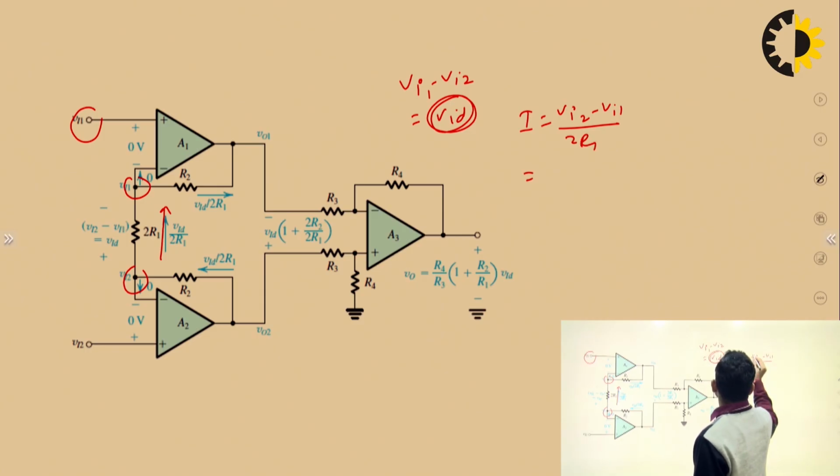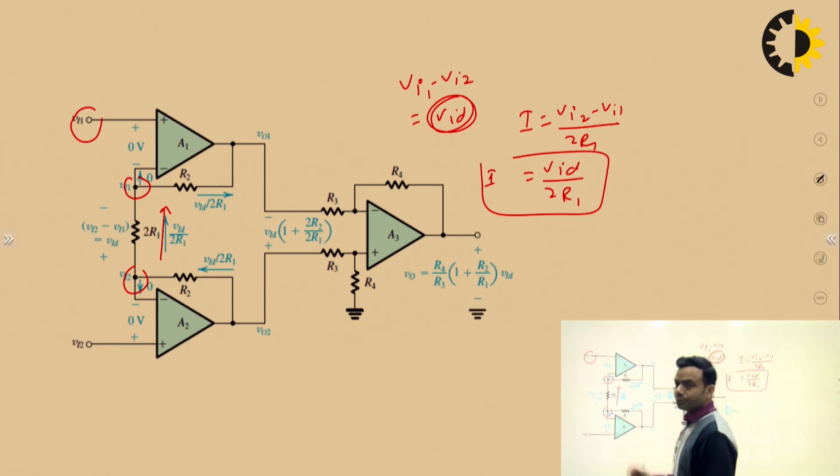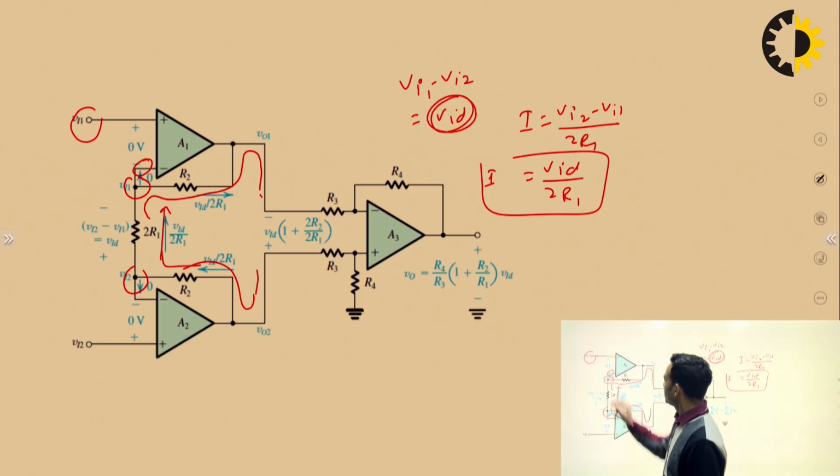And Vi2 minus Vi1 is what? It is VID upon 2R1. So, this current will be VID upon 2R1. Now, this same current will flow here. This same current will also flow here. Because no current is going inside this, no current is going inside this, so this same current will flow.